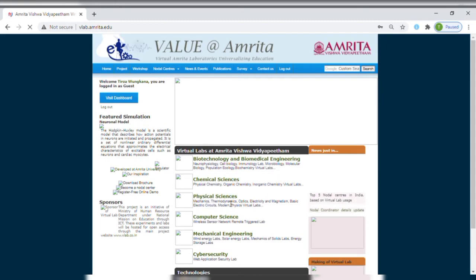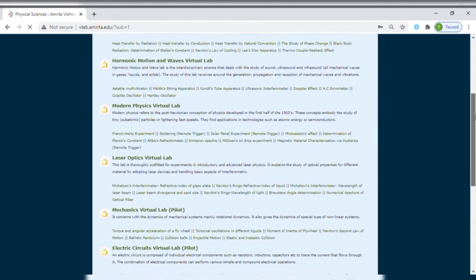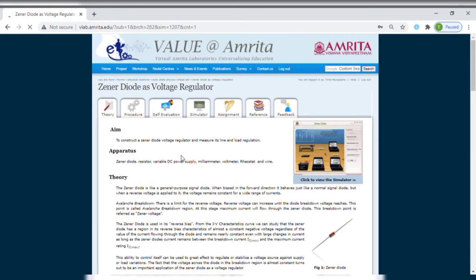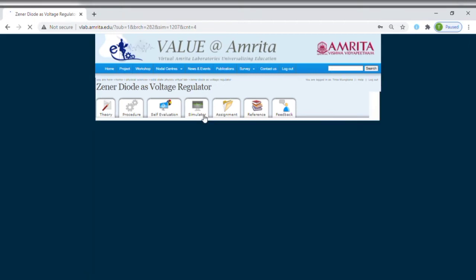And then go to Physical Sciences, and then scroll down until you find the solid state physics, and then Zener diode as voltage regulator. As usual, there are these things that we've seen in earlier videos. It's just the same. And then to start the simulator, we go here.